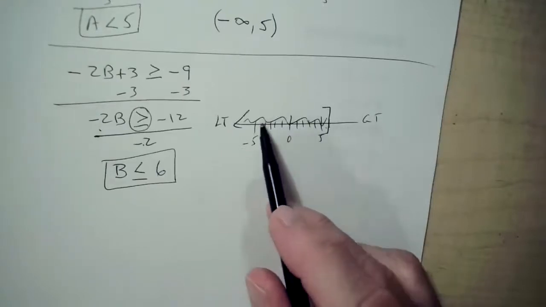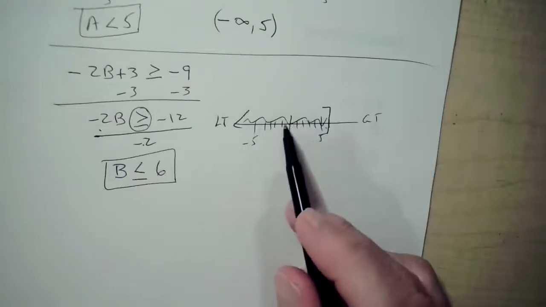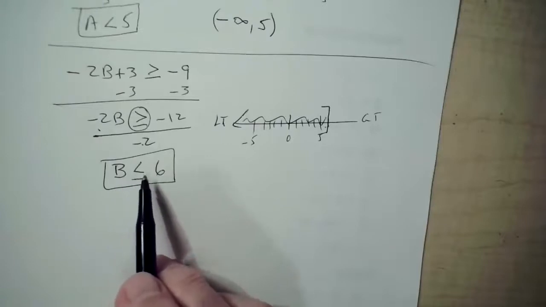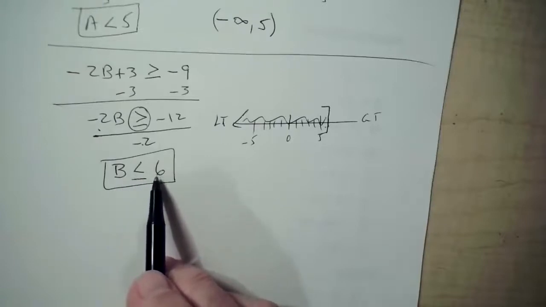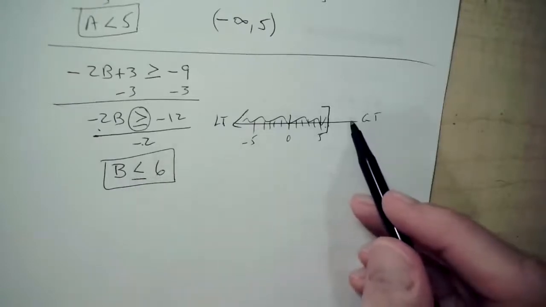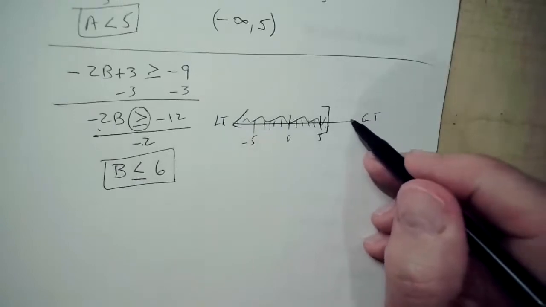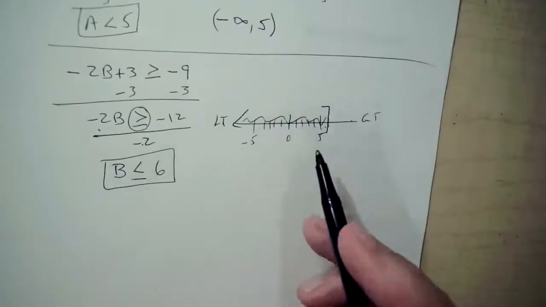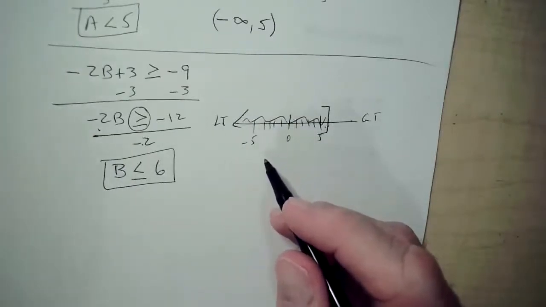It doesn't make any difference. Let's take 0. 0 is in our realm of possibilities here. And put it in for b. Is 0 less than or equal to 6? Yes. So we're correct. How about 10? 10 would be over here somewhere and not in our area. Is 10 less than or equal to 6? No. So we know we're correct.